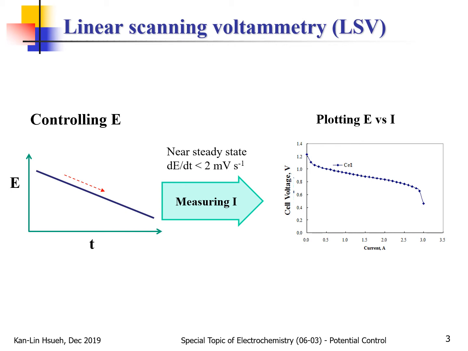So in this section, we'll talk about the linear scanning voltammetry at a very low scanning rate. So the result that comes out is more or less like a steady state condition.